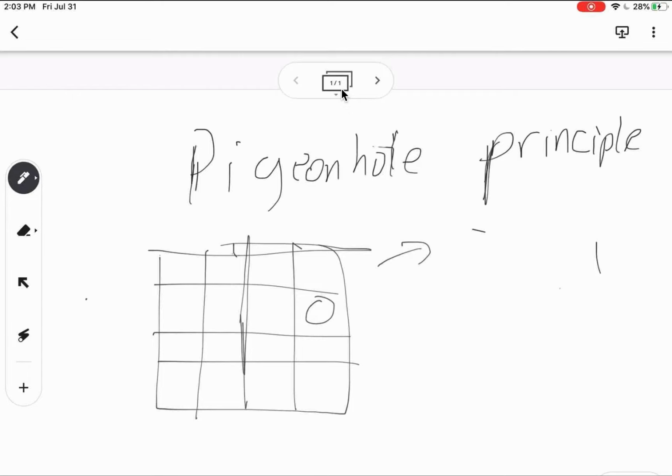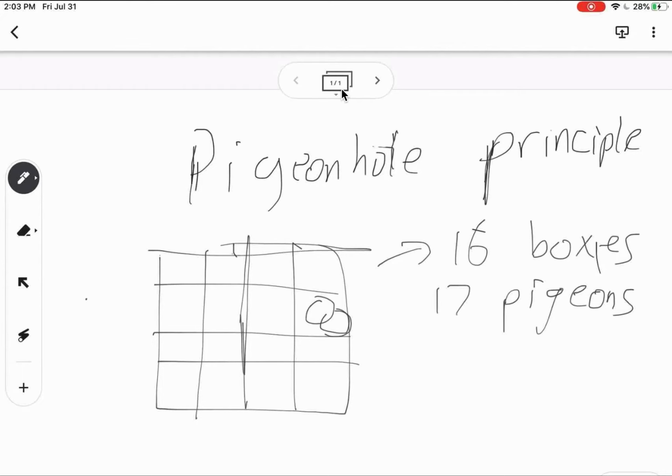If you had 16 boxes and you had 17 pigeons and all the pigeons were in the boxes, then you must have a box with two pigeons, right? Sorry, my screen for some reason is not really working.